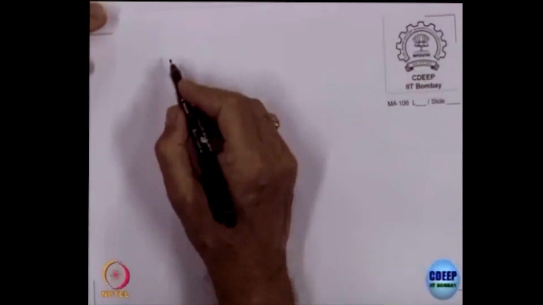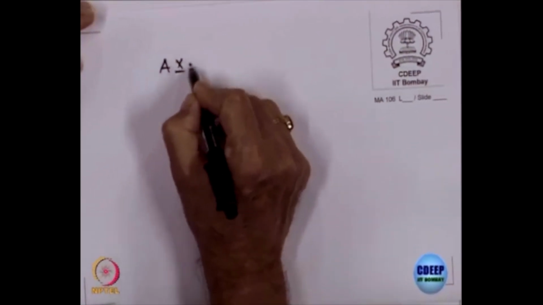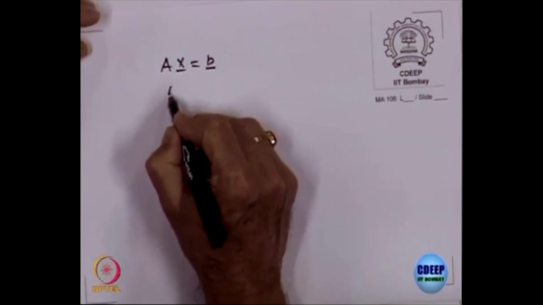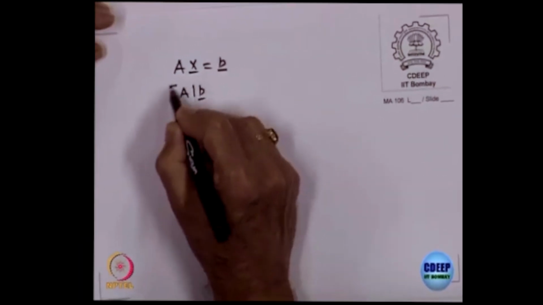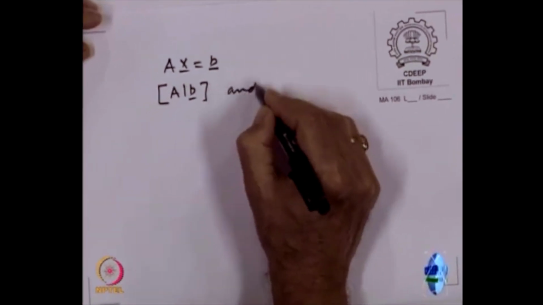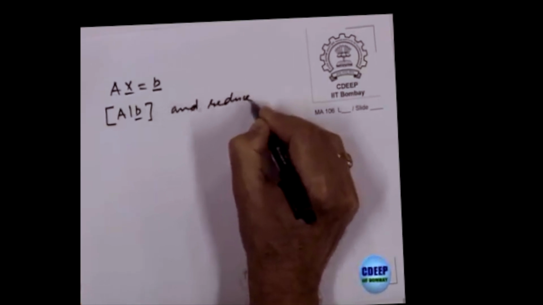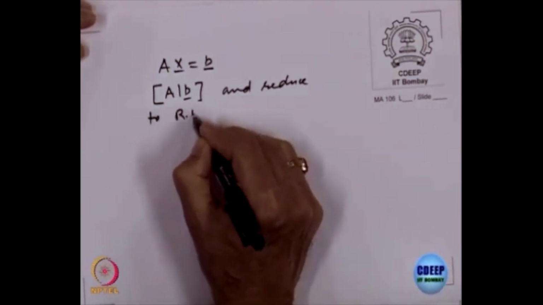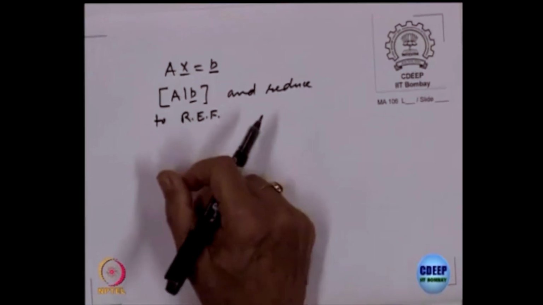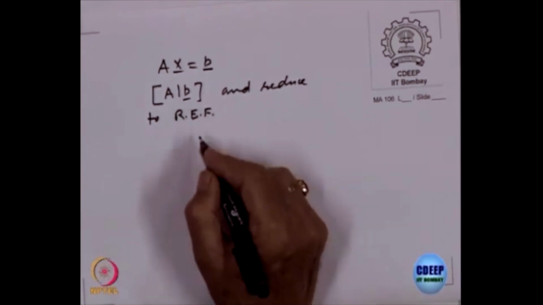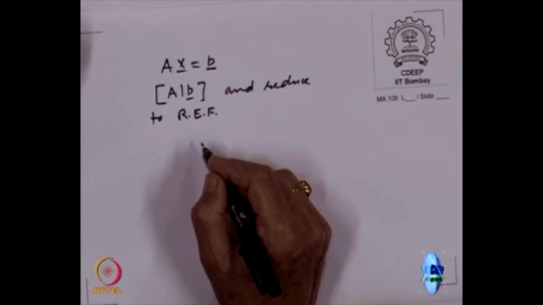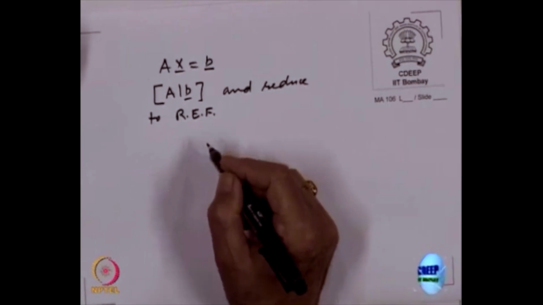So, what we have done is, for a system Ax equal to B, we take A and B and reduce to row echelon form. Now, reducing a matrix to row echelon form is done by scanning and interchanging or multiplying.